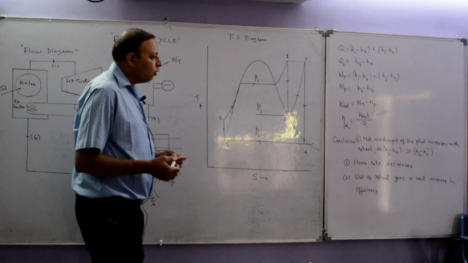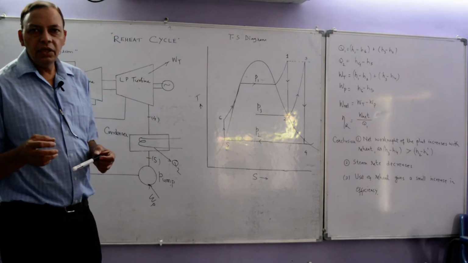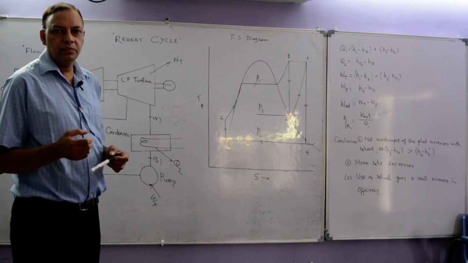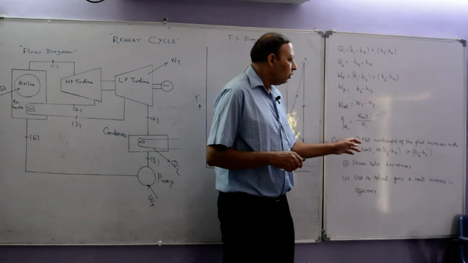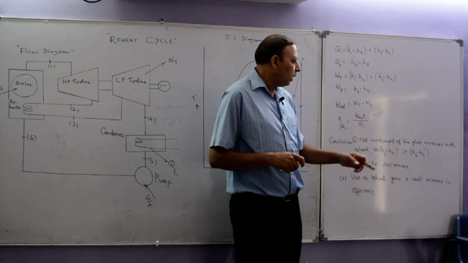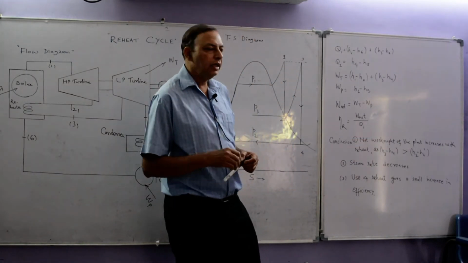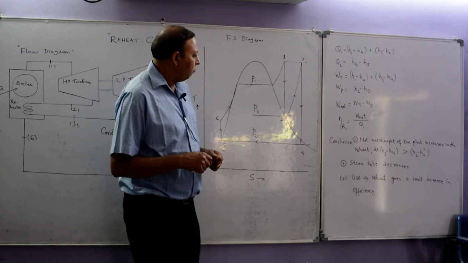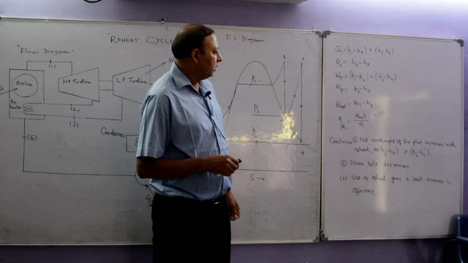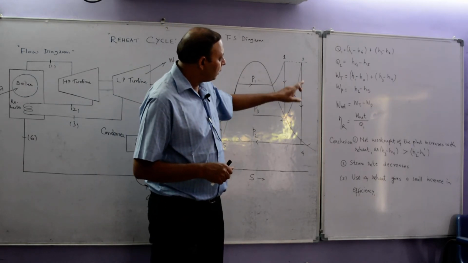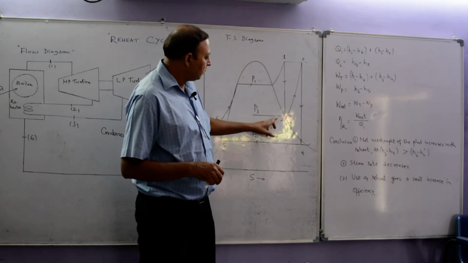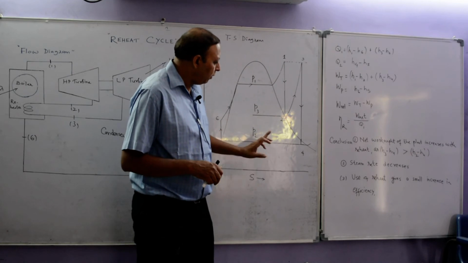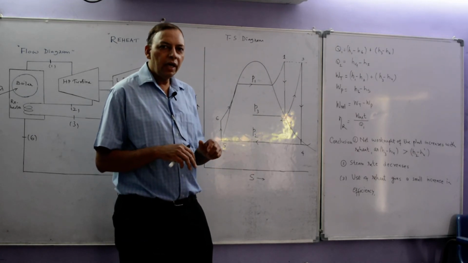Now we can conclude what the basic effects of reheat are. So we see that the net work output of the plant increases with reheat, because the expansion in the low pressure turbine, H3 minus H4, is more than the expansion from H2 to H4 dash. Why have I written this?